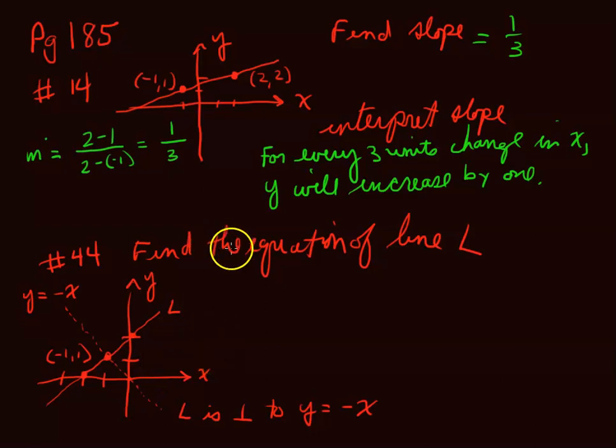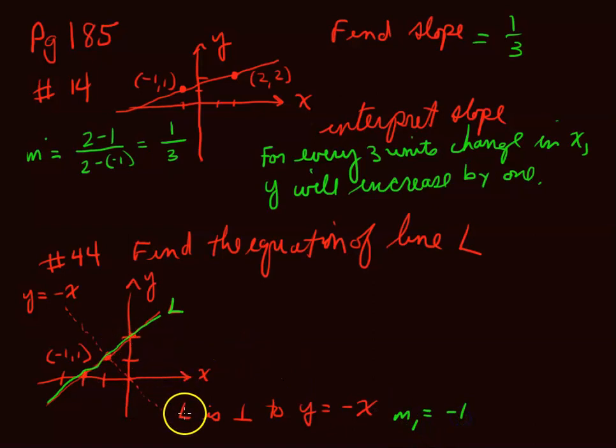Number 44, we're supposed to find the equation of line L. That's this line here, the one that goes through this. Okay. If we know this is y equals negative x, then we know the slope of this line, we'll call it m sub 1, is a negative 1.